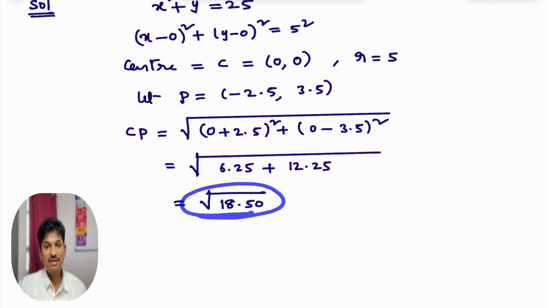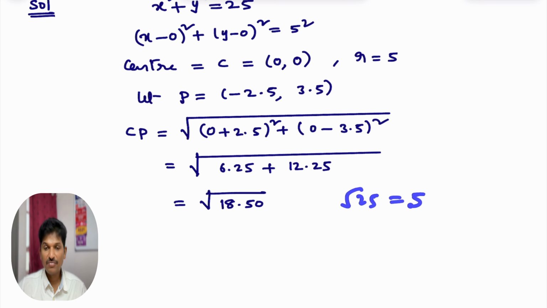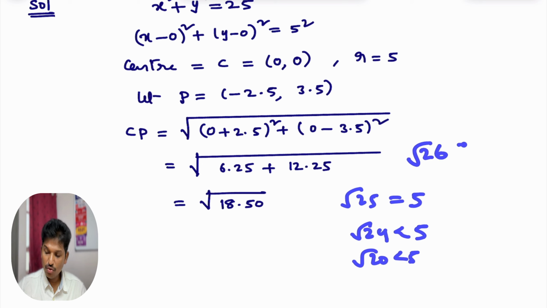Now you need to decide whether CP is less than or greater than R. You know the root of 25 is 5, right? What is the root of 24? Obviously less than 5. What is the root of 20? Less than 5. What is the root of 26? The root of 26 is greater than 5, right?